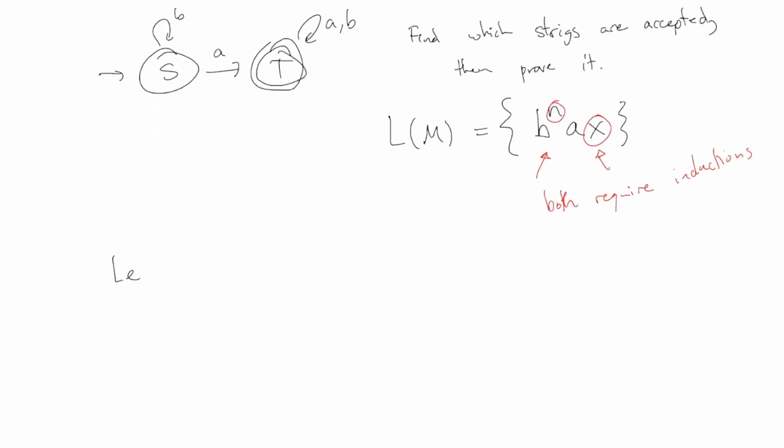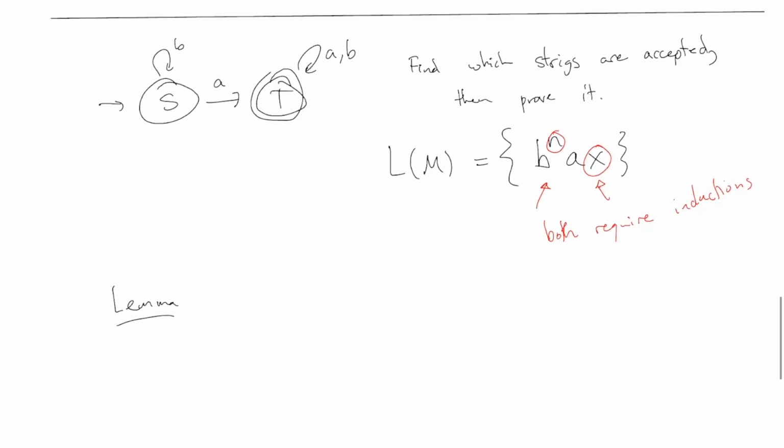I'm not going to do these proofs, I'll leave them up to you, but anyone want to suggest a lemma that handles the first induction, the power of B there, and then another lemma to handle the N? I would start with delta star of S and B to the N is S, right?